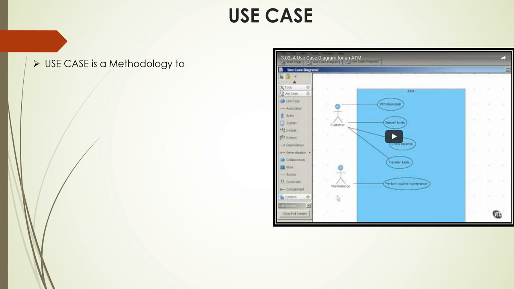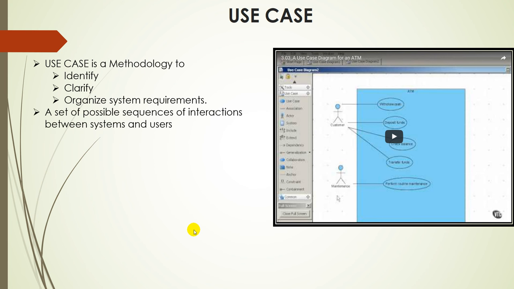A use case is a methodology used in system analysis to identify, clarify, and organize system requirements. The use case is made up a set of possible sequence of interactions between systems and users in a particular environment and related to a particular goal.